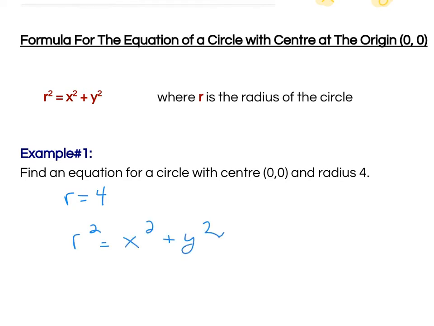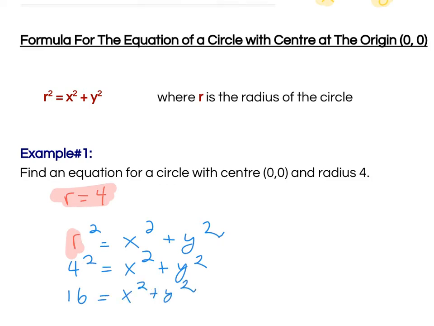So all I'm going to do is simply substitute in r equals 4 for r, and then I'm pretty much done once I simplify. So 4 squared is equal to x squared plus y squared. So my equation for my circle in this case is 16 is equal to x squared plus y squared.